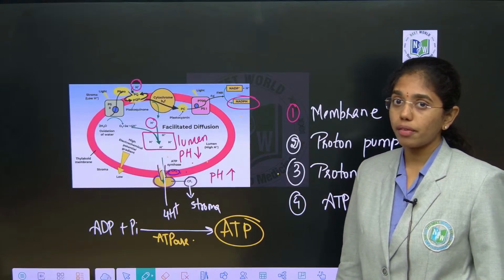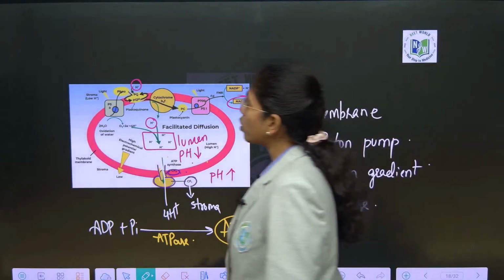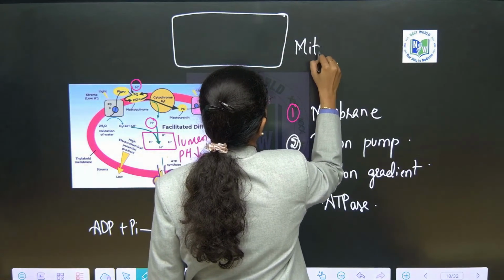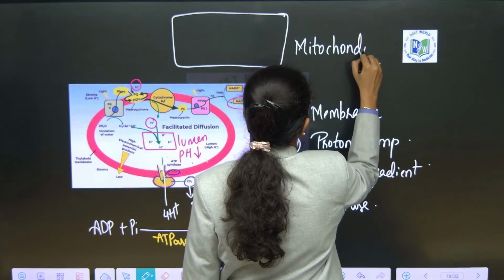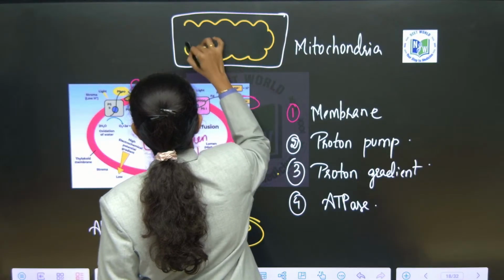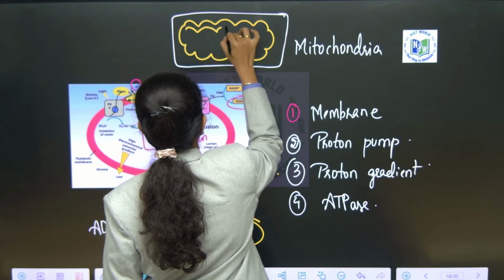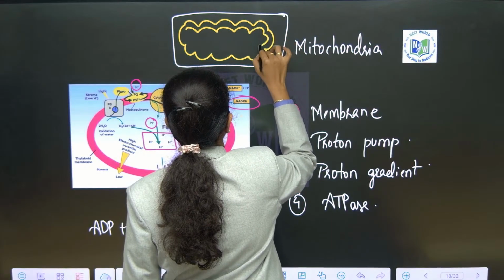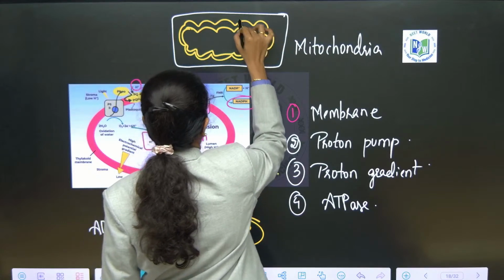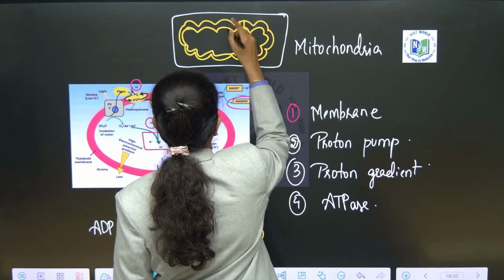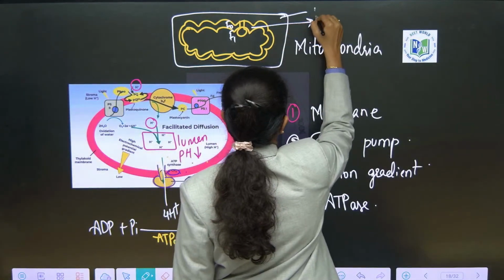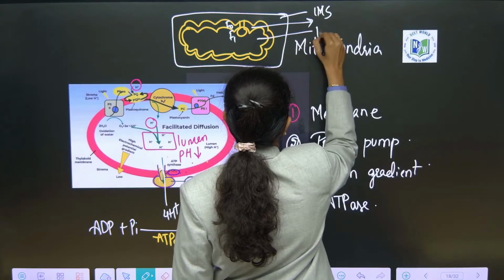Whereas in mitochondria, if we have to compare once, where outer mitochondrial membrane, inner mitochondrial membrane, that is cristae, is present, the F0 F1 pump will be from intermembrane space to the mitochondrial matrix.